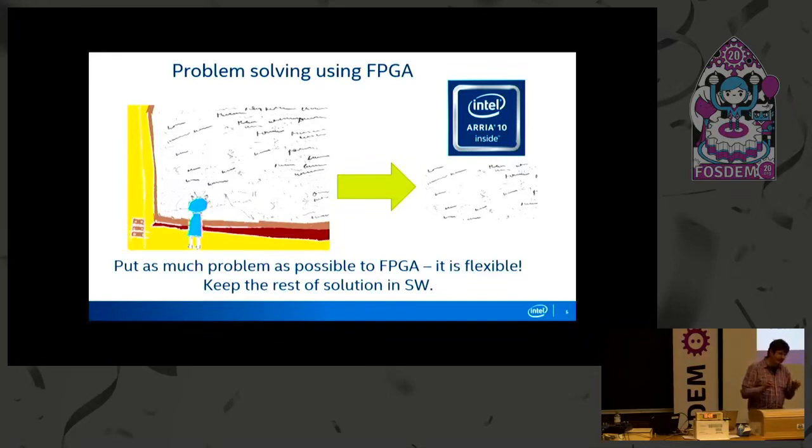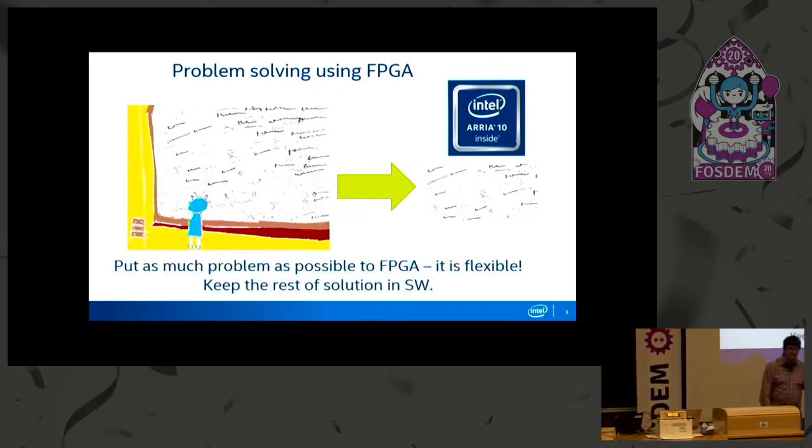Making, for example, the Linux kernel in hardware, maybe some guys can explain that it will be possible in some future, because we have new languages for programming FPGAs. Don't believe them, it is impossible to put such complexity there. What is possible is to take some part of the problem and put it into the hardware, and keep everything around this problem in the software.